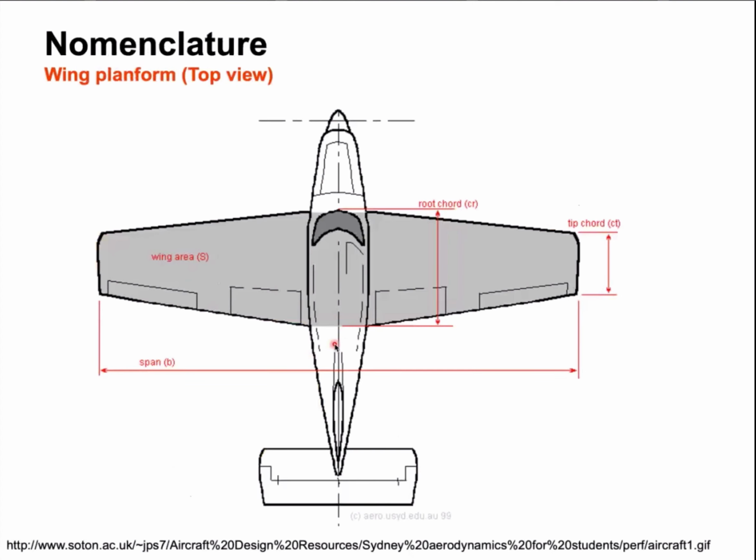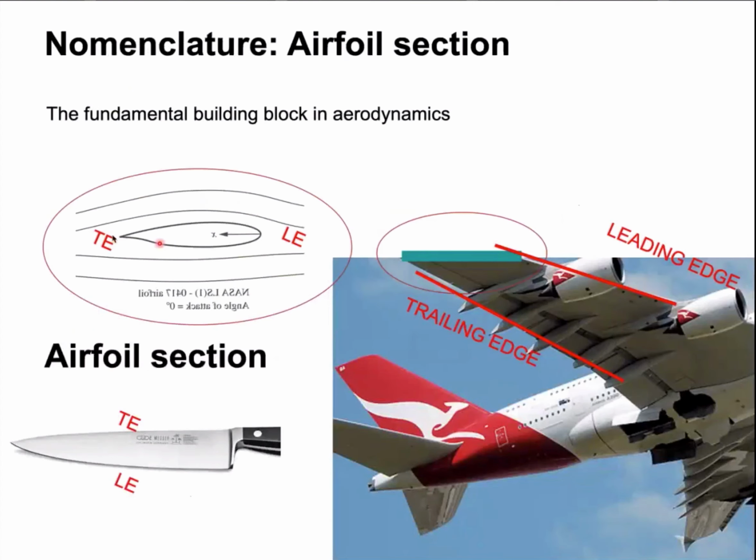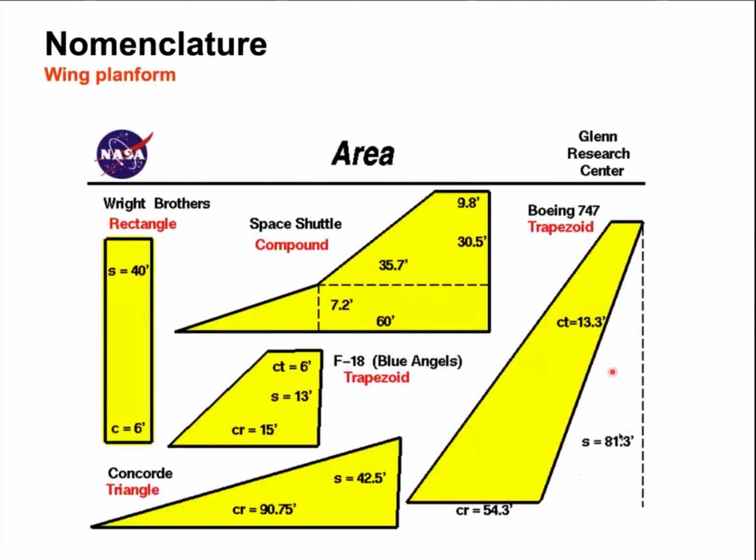So now we have talked about two things that describe the wing: one, its cross section, and two, its planform. And this is what designers spend their time doing, to perfect the combination of the planform with the best cross section to give you the performance for that particular application.